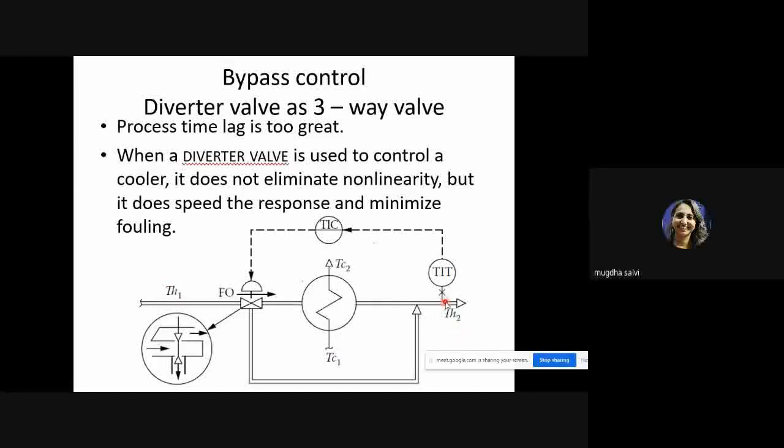We are controlling temperature TH2 by measuring TH2 and manipulating the flow of the inlet of the process fluid. There is no control on the coolant flow going through the heat exchanger. Now this is an example of a process cooler wherein we are cooling the particular process fluid.